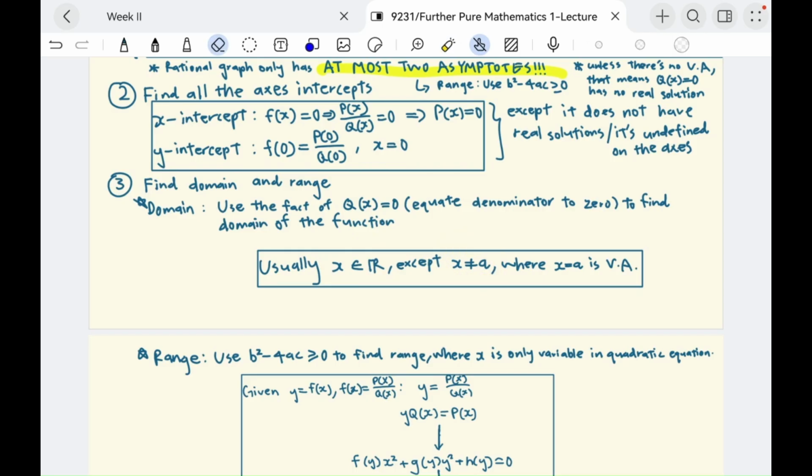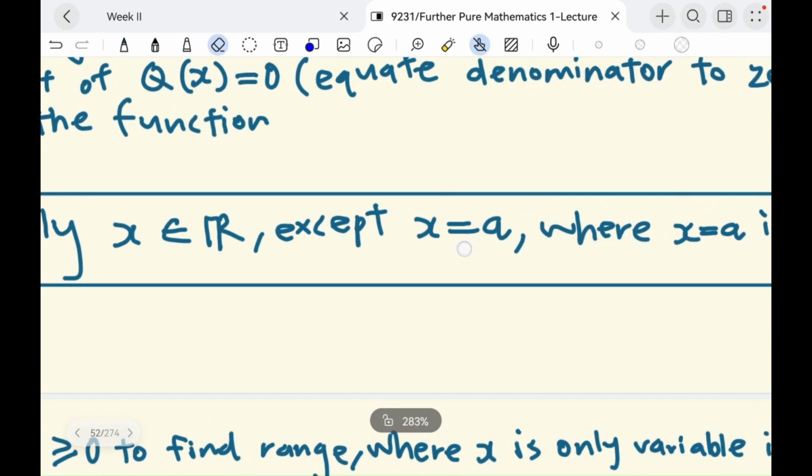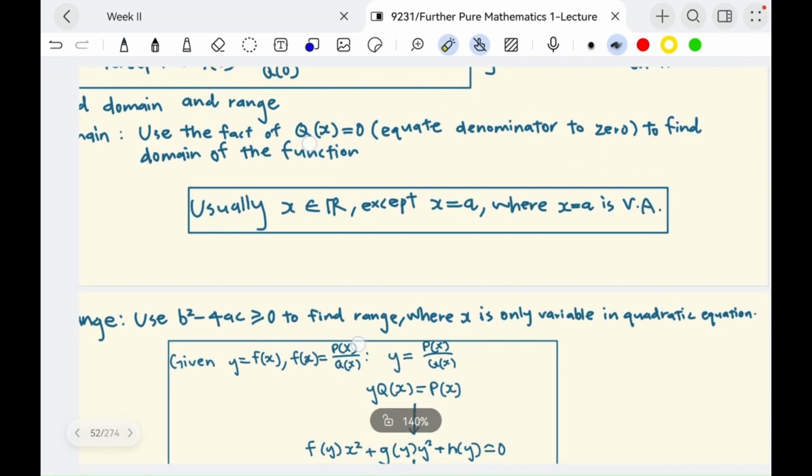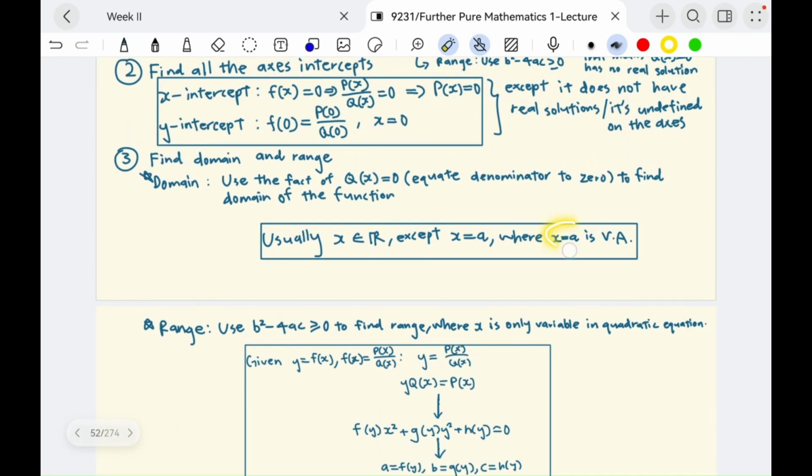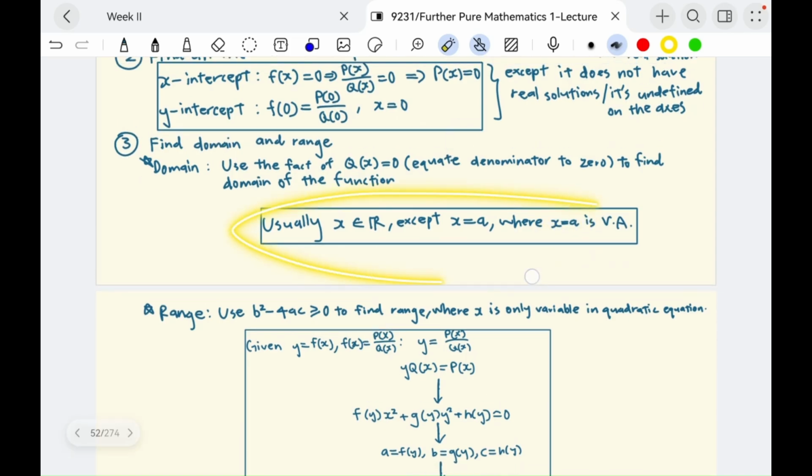Okay, here is another mistake. My apologies. This should be an equal sign instead of an unequal sign. Alright? So where x equals to a is the VA. Okay? So please remember this fact. Usually x belongs to all real numbers for the RF except x equals to a, and x equals to a is the VA.